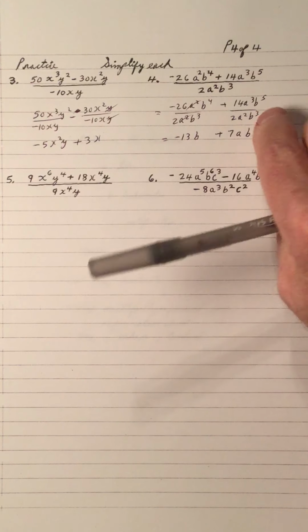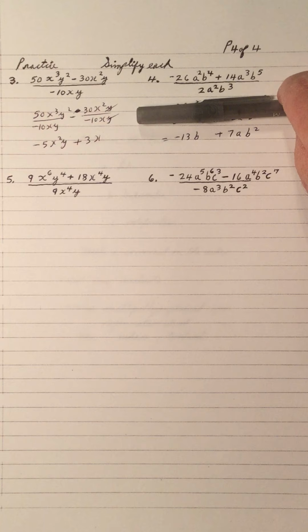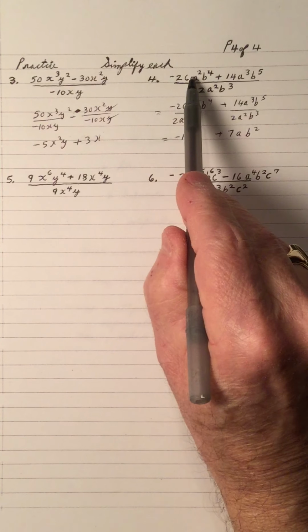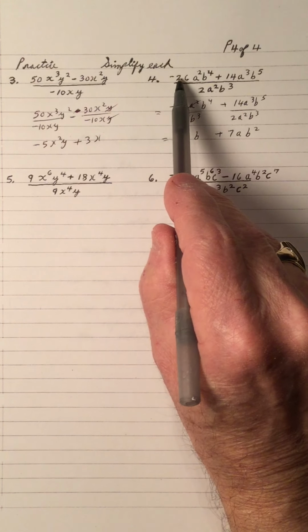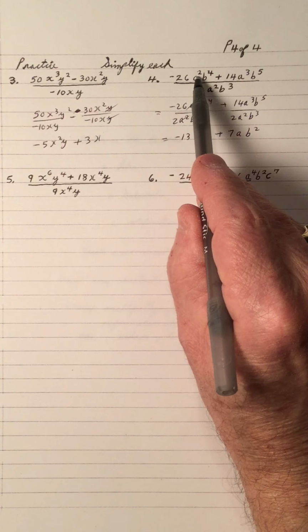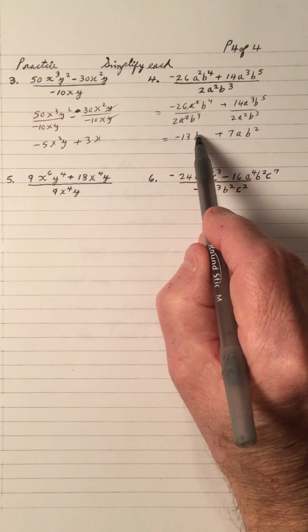So if you weren't going to write this step down, let's cover that up right there. Pretend it's not there. If you were to take this and divide into this one and use your head, you'd say 2 into negative 26 is negative 13. Then you've got an a squared and an a squared, so they just cancel. So b to the 4 divided by b cubed is b.